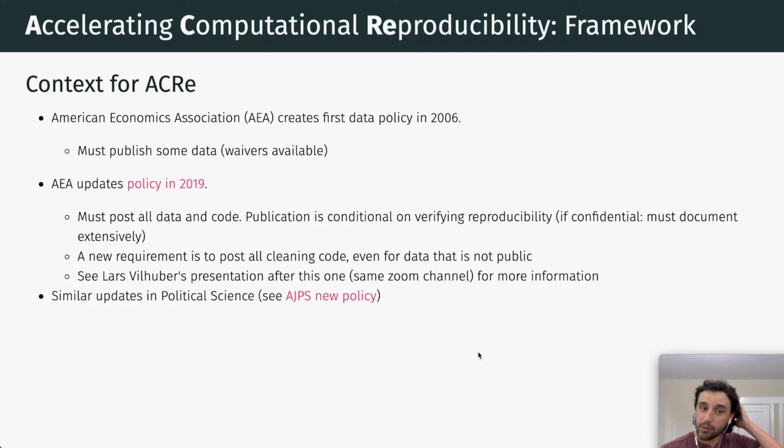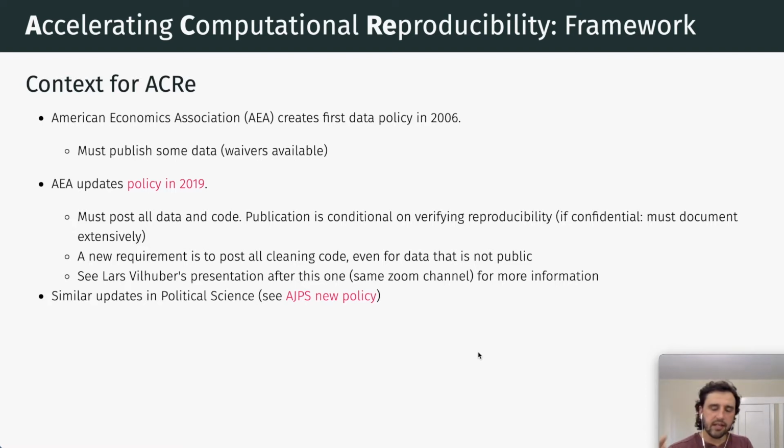In 2019, there was a major update to that policy, and now for what are now, I think, 9 journals, the requirement is that if you want to publish, you must post all the data and code, and the publication is conditional on verifying reproducibility. And if the data is confidential, they must document extensively how to access the data. There's also a new requirement to post all cleaning code, even if you cannot post the confidential data; you have to publish the cleaning code.